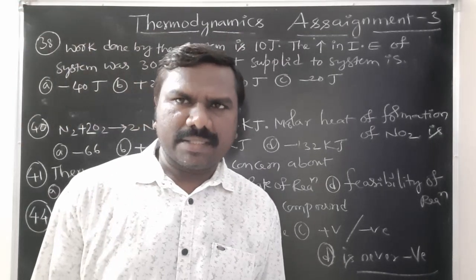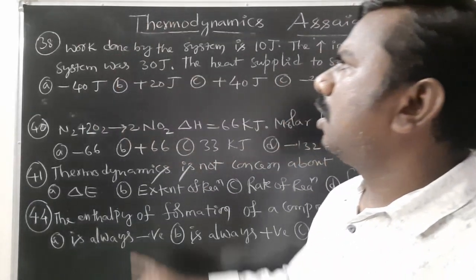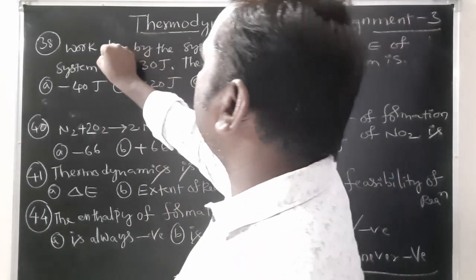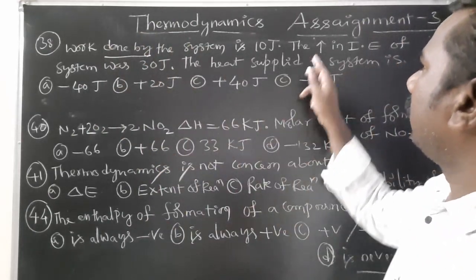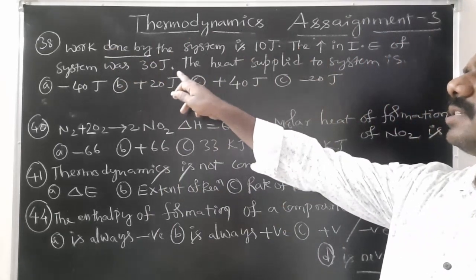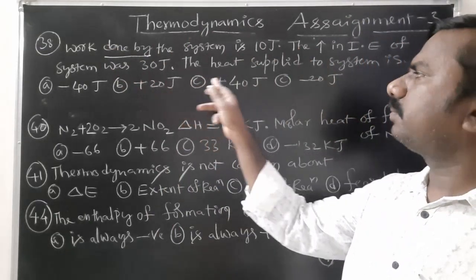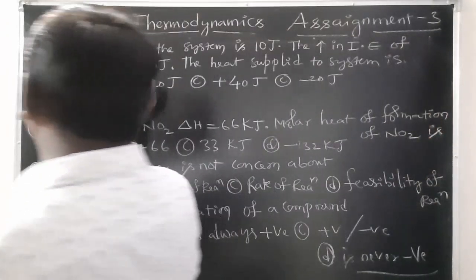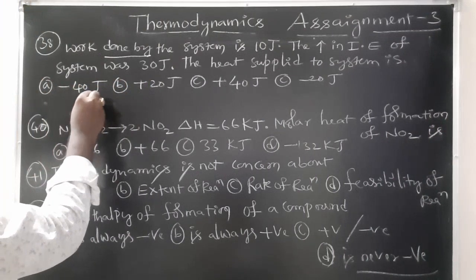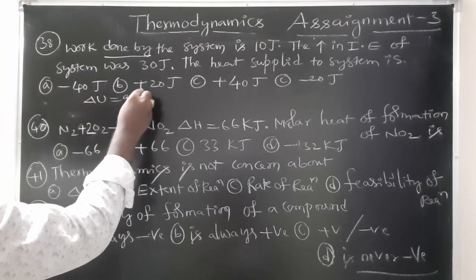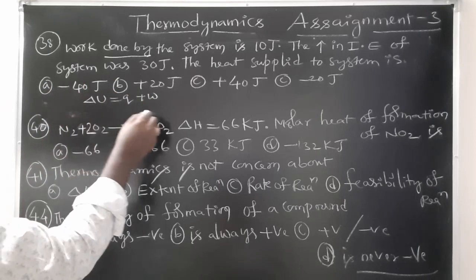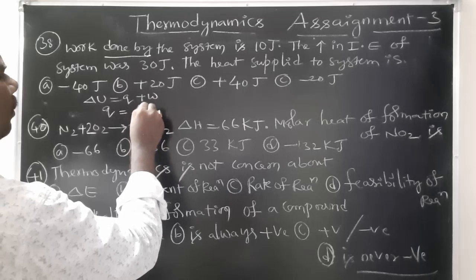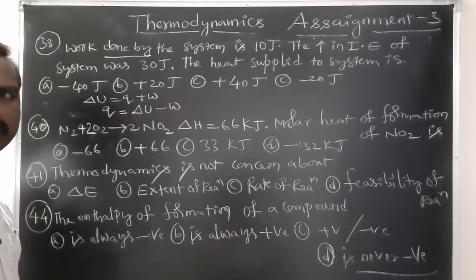Okay students, next bit: work done by the system is plus 10. The increase in internal energy of a system was 30 joules. The heat supplied to the system is required. So our formula is delta U is equal to Q plus W. Q required for us, Q is equal to delta U minus W. Right students, it is the formula.